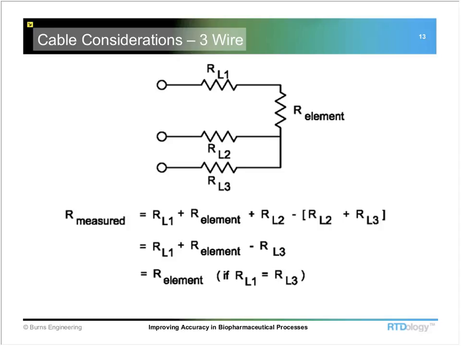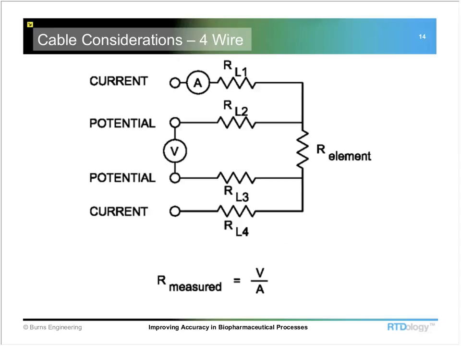You may have a transmitter there, so you've got a very short lead wire run. There really wouldn't need the 4-wire, although it would be good practice to do it, but 3 wires work just fine in those cases. And the 4-wire connection, or current potential method, shows how it fully compensates for any resistance that you have in the wires coming from the sensing element.